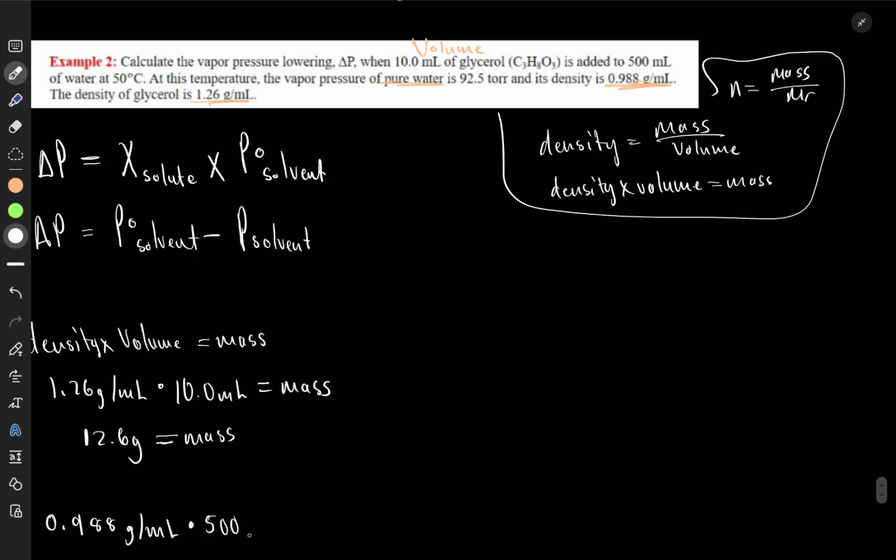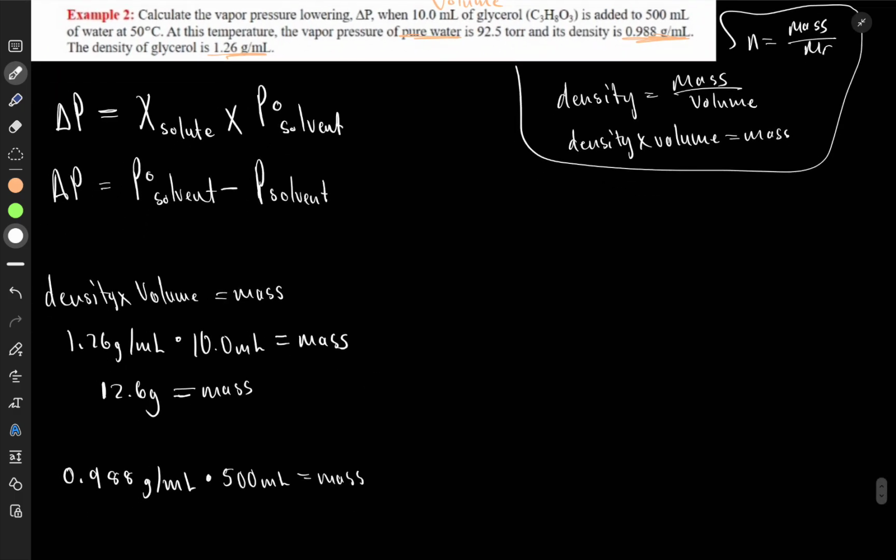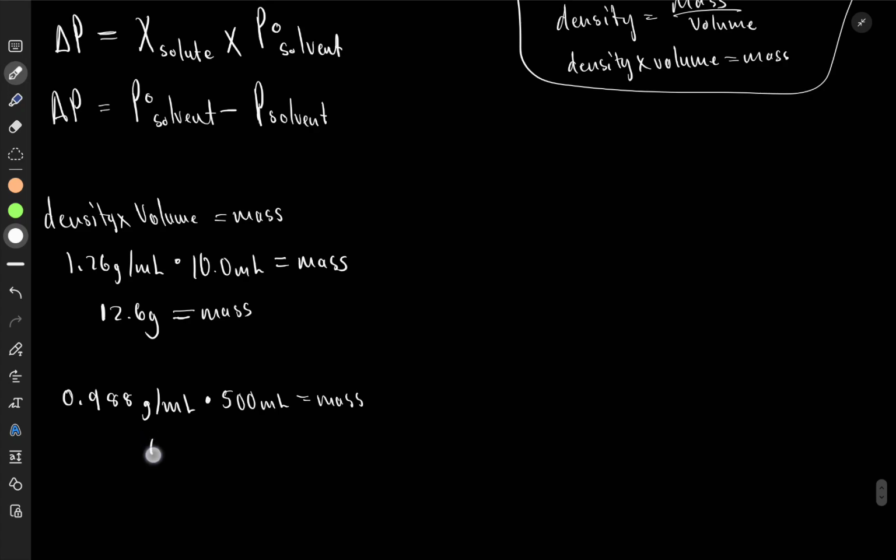So times 500 milliliters. This should give me the mass. All right, so let's go for it. 0.988 times 500. It's 494. So I'll get 494 grams. This should give me the mass.